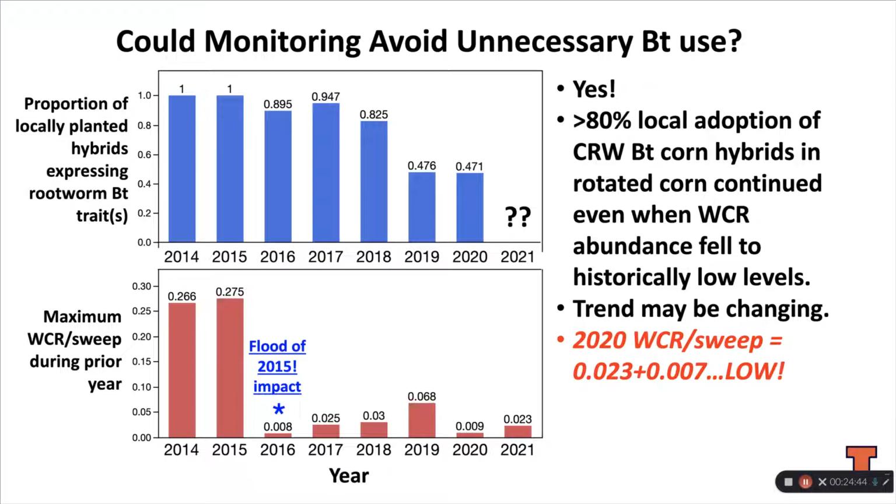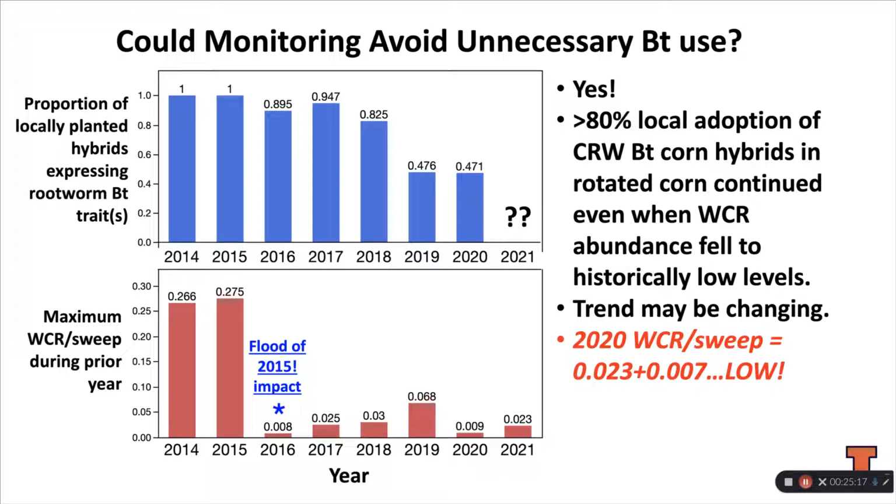Below that, I'm showing the maximum numbers of rootworm beetles per sweep during the prior year. And you can see that the abundance of rootworm beetles dropped dramatically after 2015. That's due to this massive flood that occurred in 2015 that almost wiped the rootworms out. But despite having historically low rootworm numbers, we didn't see a drop in the use of Bt corn hybrids.